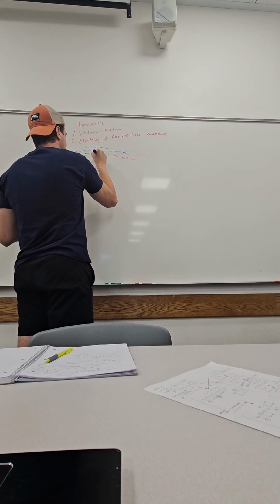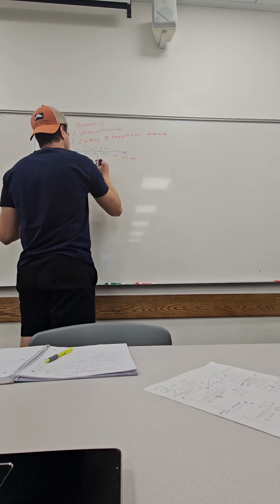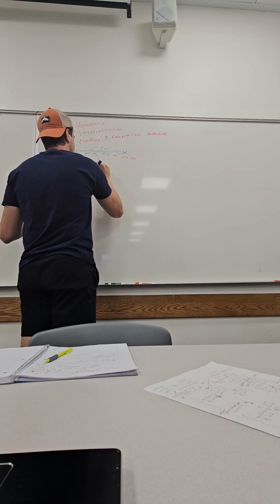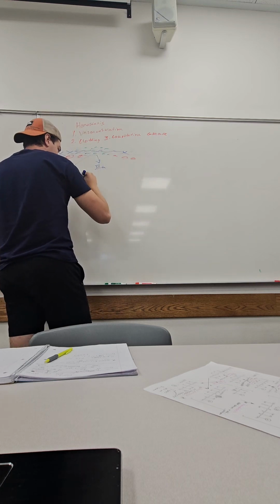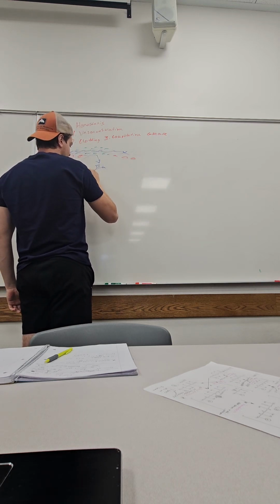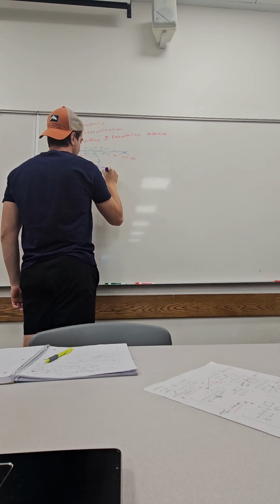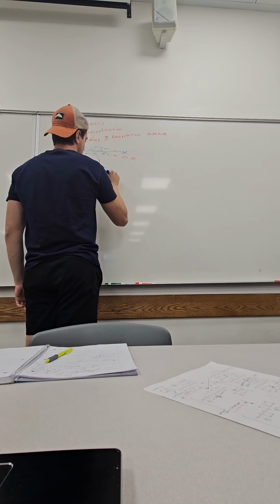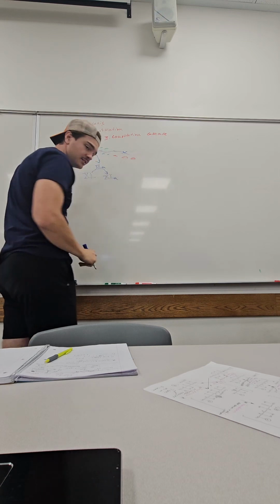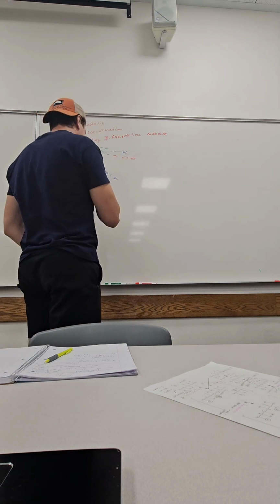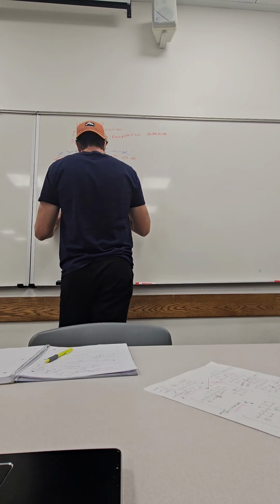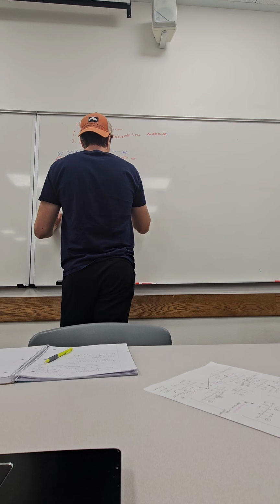It'll bind and activate, so we have active factor 12, factor 12A. Factor 12 is an enzyme, and it will bind factor 11 and activate it. Factor 11, guess what? Is also an enzyme, and it will take factor 9 and activate it.